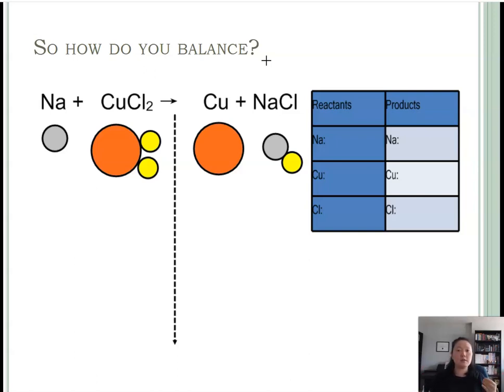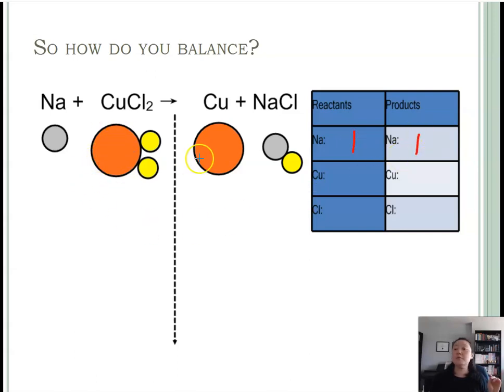So if we take a look at what's on the left and what's on the right, and when I say left and right, I mean if you take the arrow of a reaction as sort of that cutting line, the reactants are on the left of that arrow and the products are on the right of the arrow. So left of the equation, right of the equation. So when we take a look at our sodiums, you can see that there is one sodium on each side.